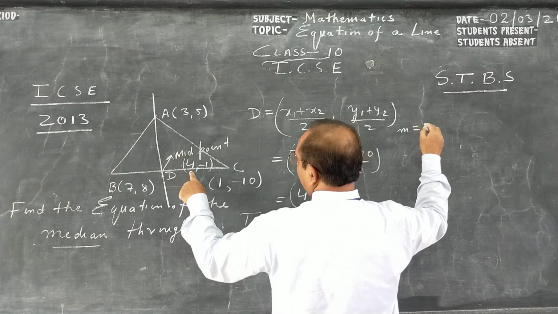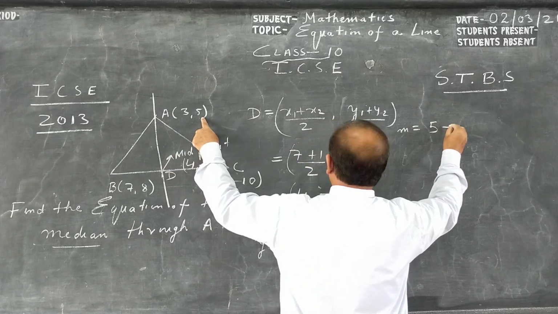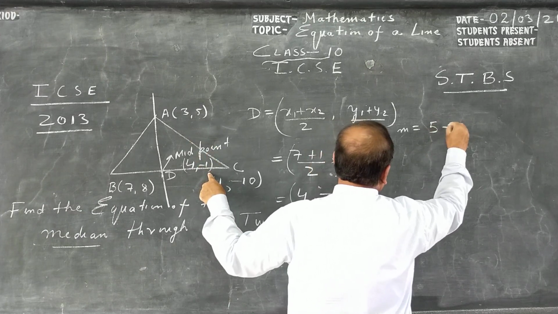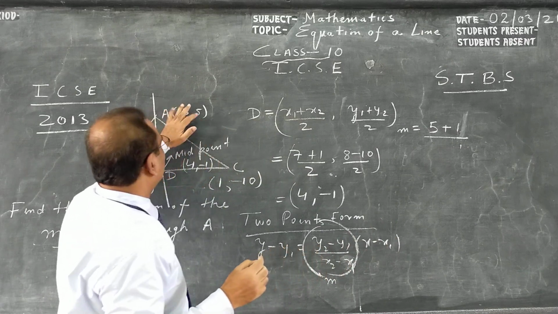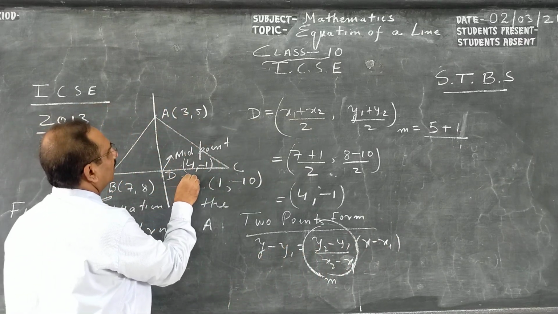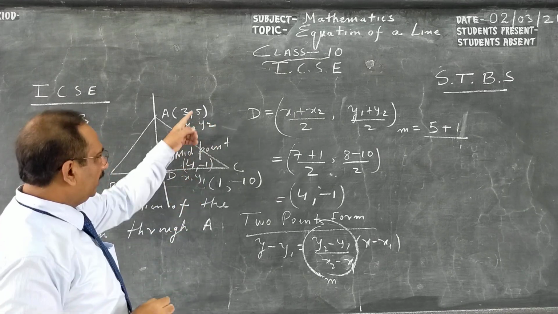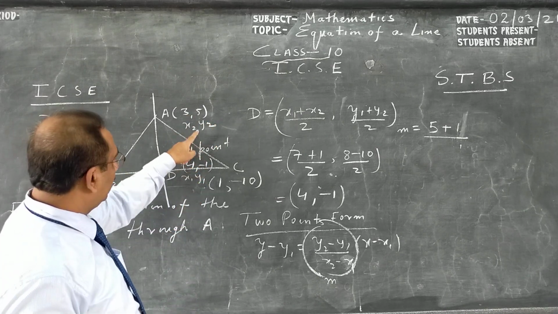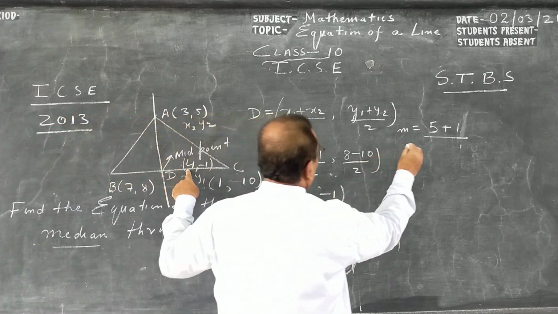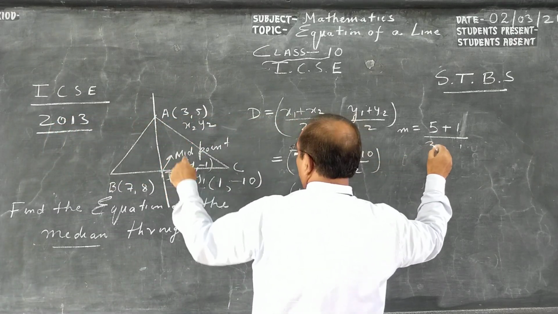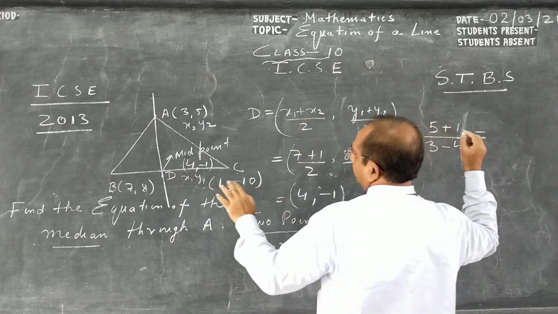What is m of this? So first you take y2 minus y1. I am taking this as (x1, y1) and this as (x2, y2). Any way you can do it, children. y2 minus y1, remember, the y coordinate comes first, by x2 minus x1.